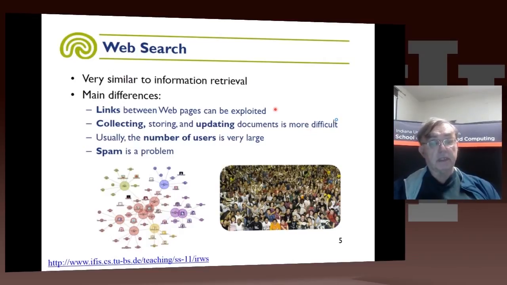Going to the citations in a document is a good way of finding out other documents on the same field. And of course, compared to other types of information retrieval, the number of documents and diversity of documents and the rate of change of the documents is very high. And there's also a lot of spam. And there are a lot of users trying to find out what's going on.